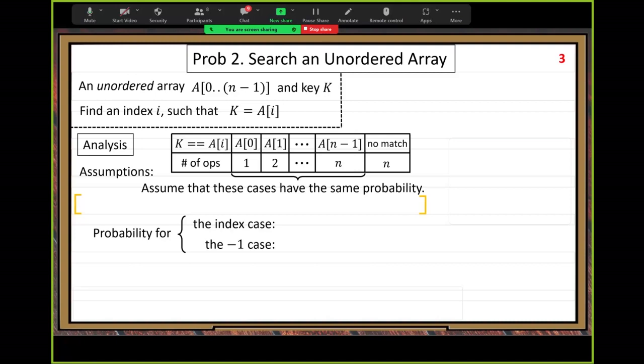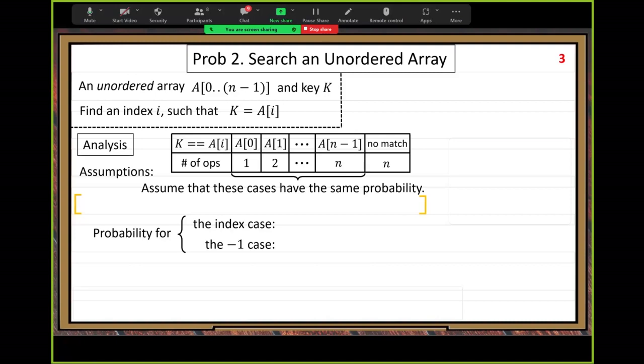The search function returns a valid index number, so we call it the index case: a non-negative integer between 0 and n minus 1. The second is the no match case, negative 1. Negative 1 is not a valid index, so that means no match. The given key cannot be found in the given array.